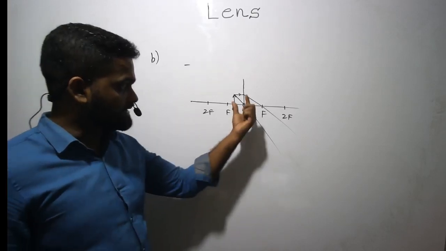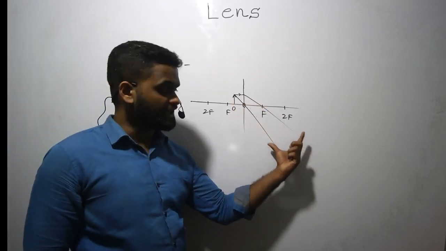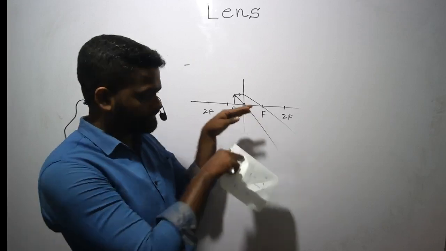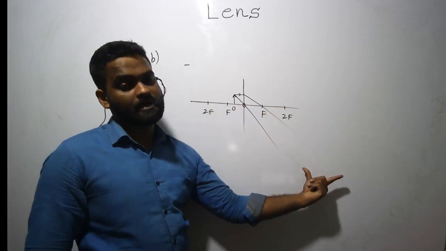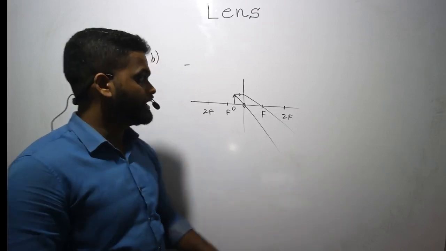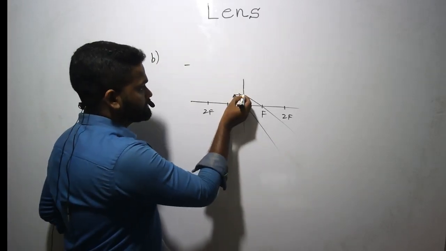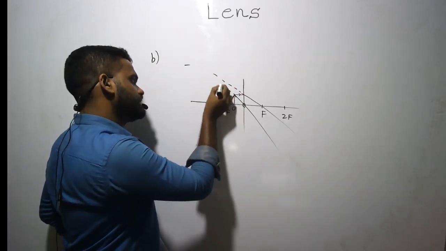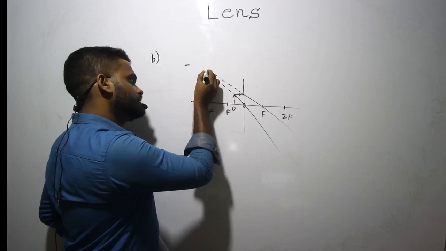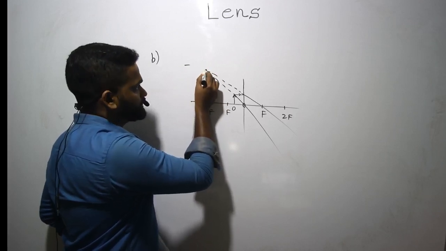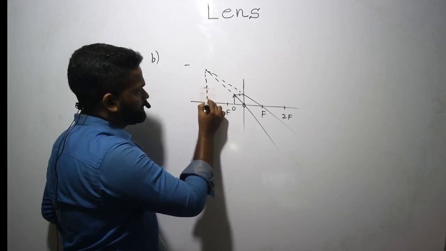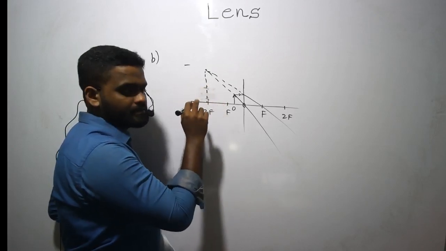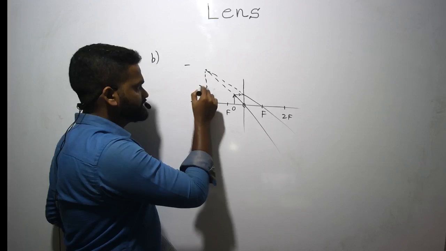And you can see at this side, it is not converging to a point, right? It is going like this. So it won't create an image at this side. Then you have to extend these two rays to the other side. So now you have the converging point. The thing is, you can see this is a virtual image.